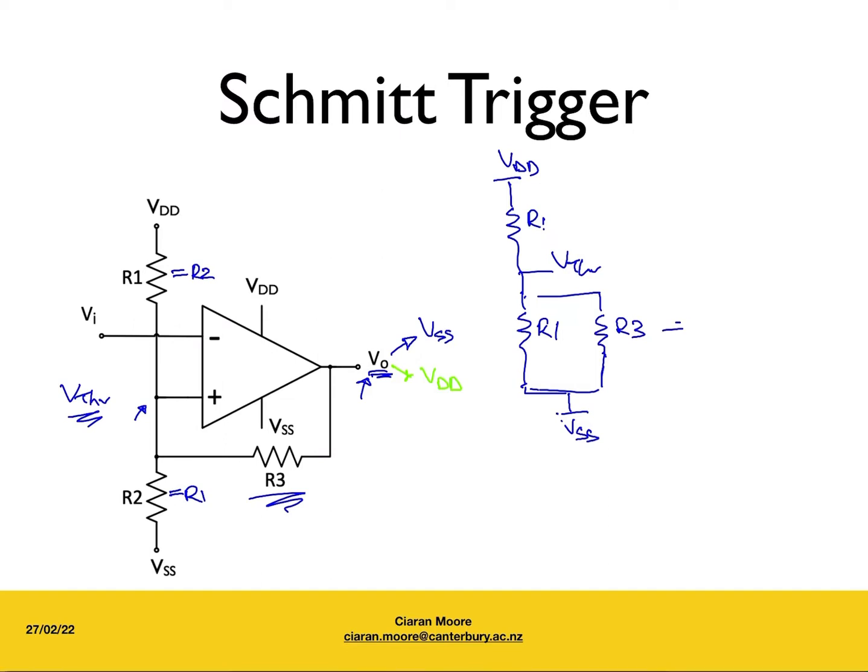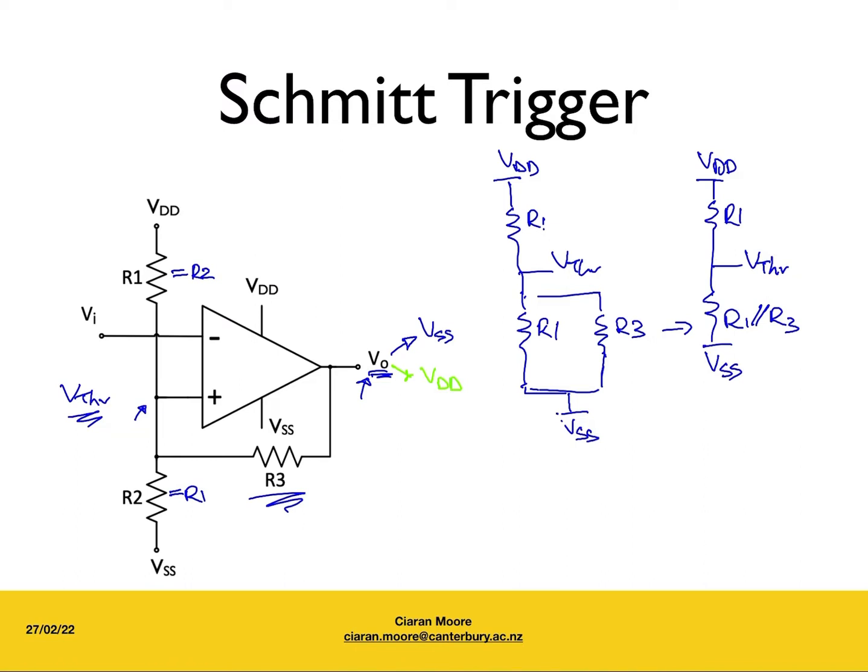It's going to help an awful lot if we combine R1 and R3 in parallel. Now we've got VDD, R1, the middle voltage is VTHR, and our bottom voltage is VSS.